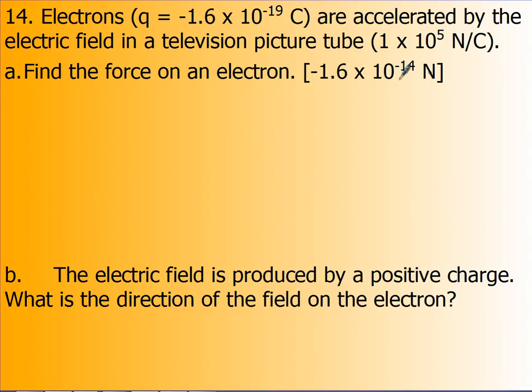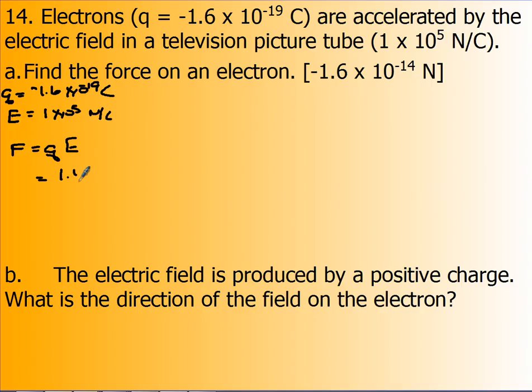Now, I have an electron accelerated by an electric field. Find the force. Let's see. I know Q is negative 1.6 times 10 to the negative 19 coulombs. And I know the electric field is 1 times 10 to the 5th newtons per coulomb. So the force is QE.